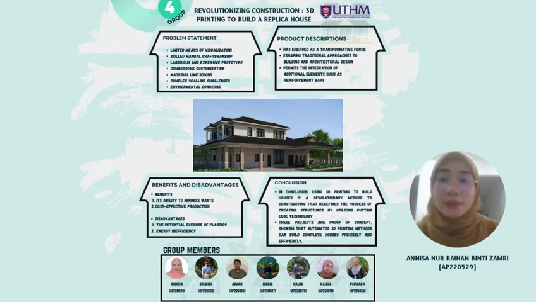Next is cumbersome customization. The process of customizing designs to suit individual preferences and unique requirements proved to be cumbersome. Each modification demanded a significant investment of time and effort, rendering mass customization impractical.